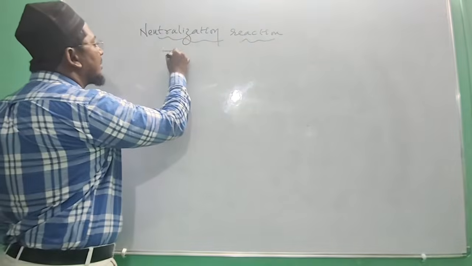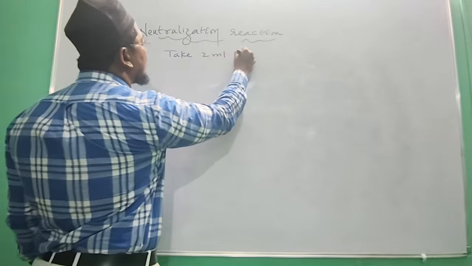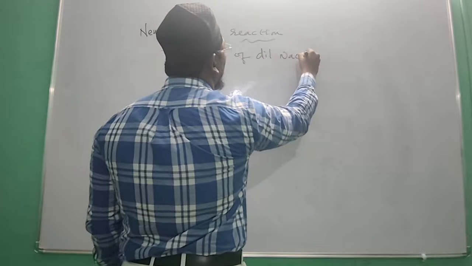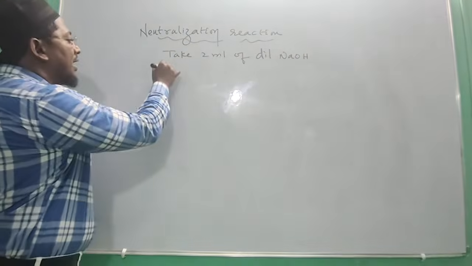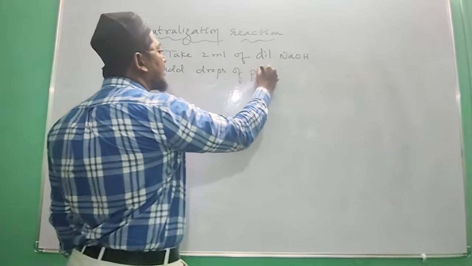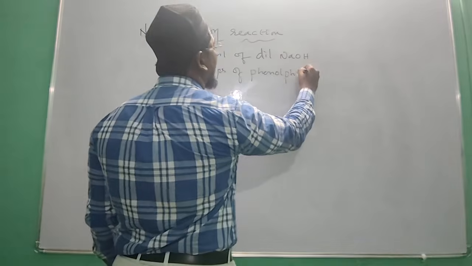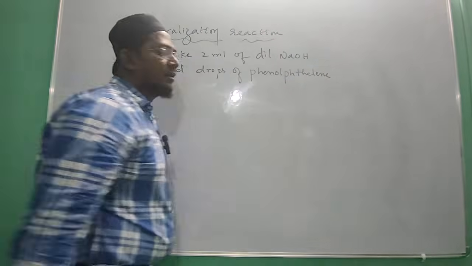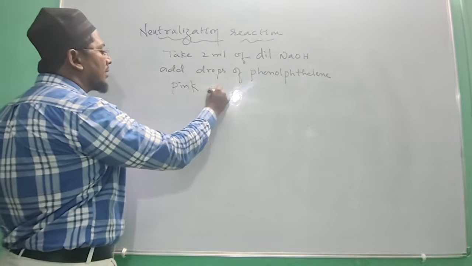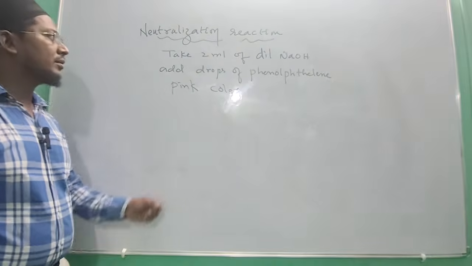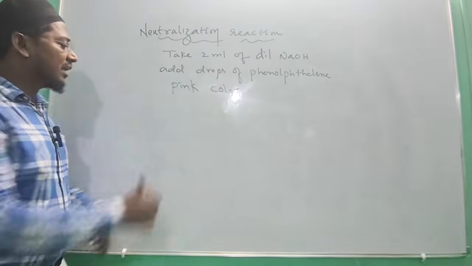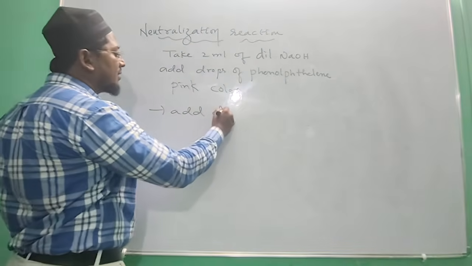For example, take 2 ml of dilute NaOH, sodium hydroxide, which is a base, and add drops of phenolphthalein indicator. You know well, phenolphthalein is a synthetic indicator. We observe the color. It is pink, which means it is a base. Dilute NaOH is a base, so the pink color appears. Then we add drops of acid.